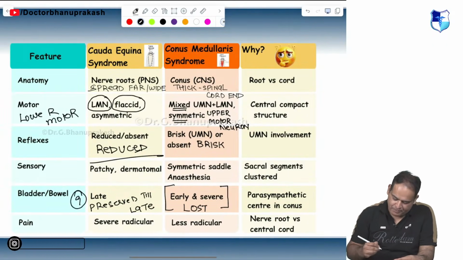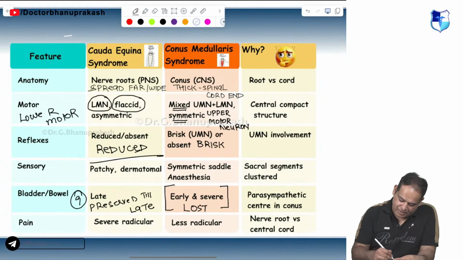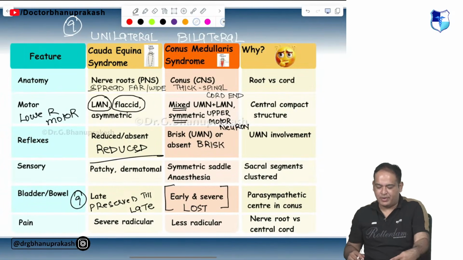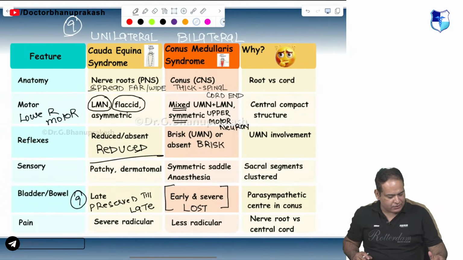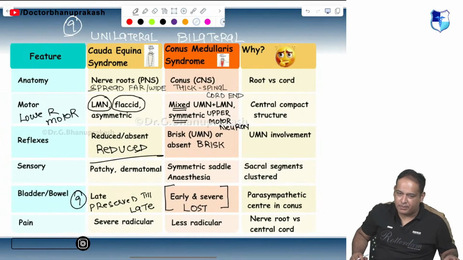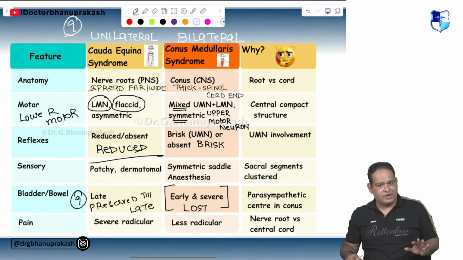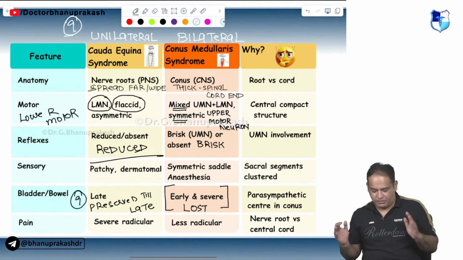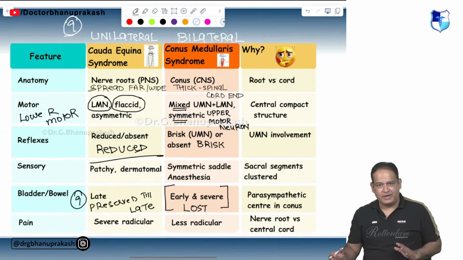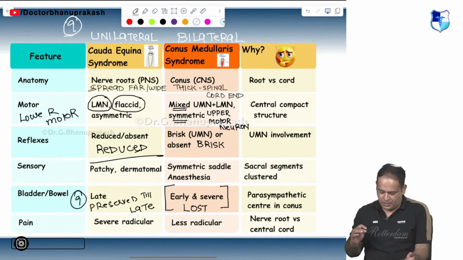One point you remember this, and second point you remember that here the effect is unilateral and here the effect is bilateral. Just remember these two differences, and you don't need to remember this entire topic. That in cauda equina it is unilateral, conus medullaris it is bilateral, okay?